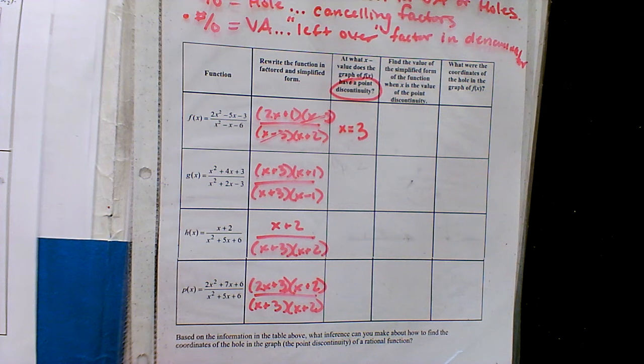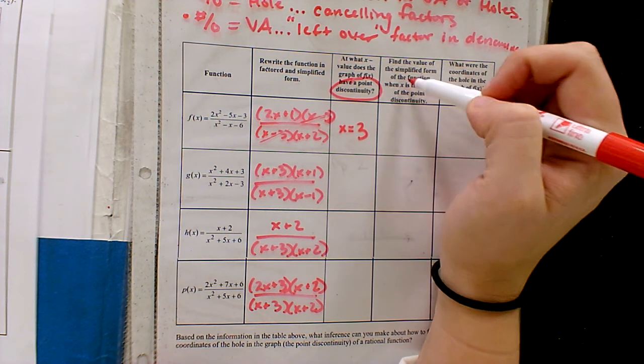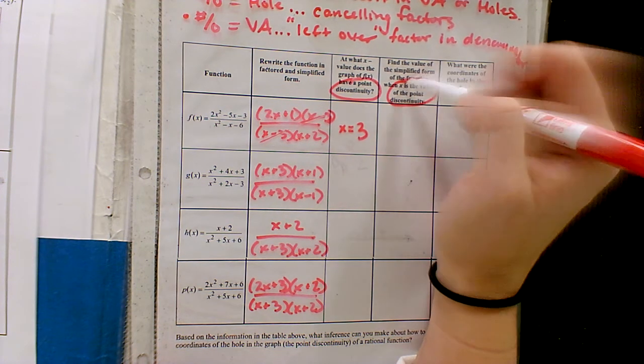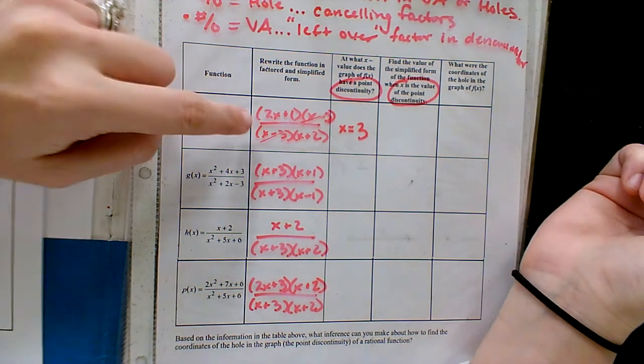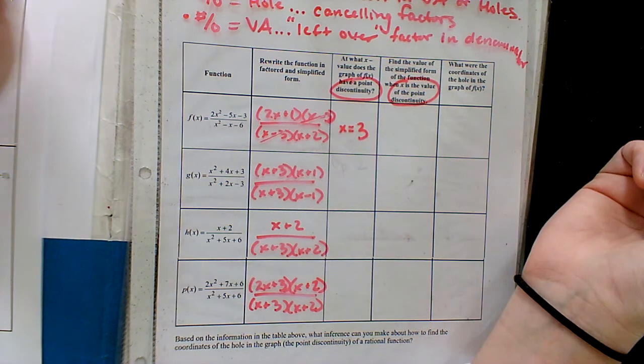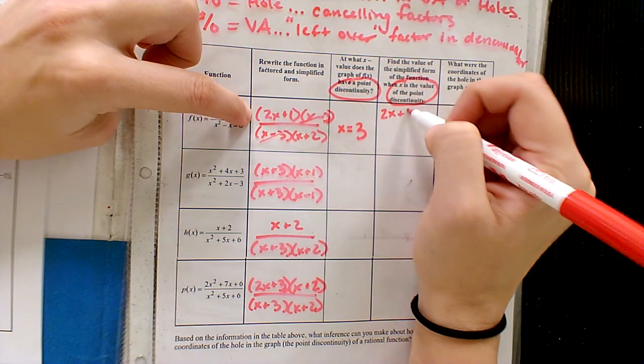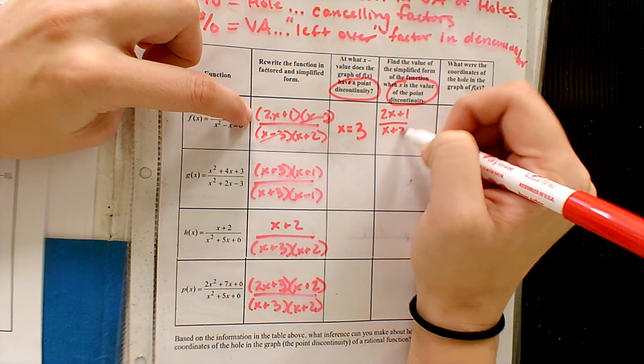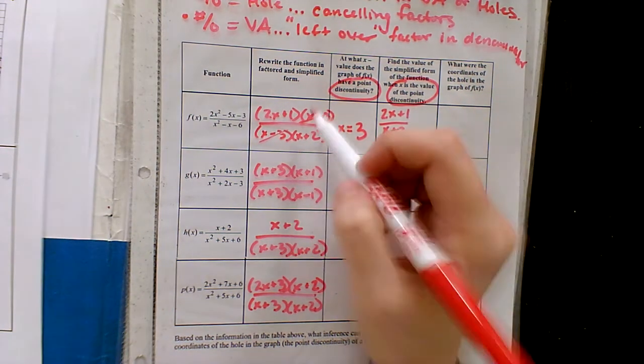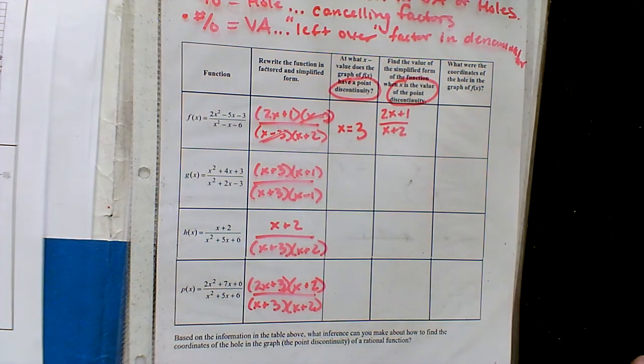Looks good. Now they want us to find the value of the simplified form of the function at this x spot where we have a hole. So our simplified form is basically the factors that are left over, the ones that did not cancel. So we'll have a 2x plus 1 and an x plus 2. We canceled out the x minus 3's.